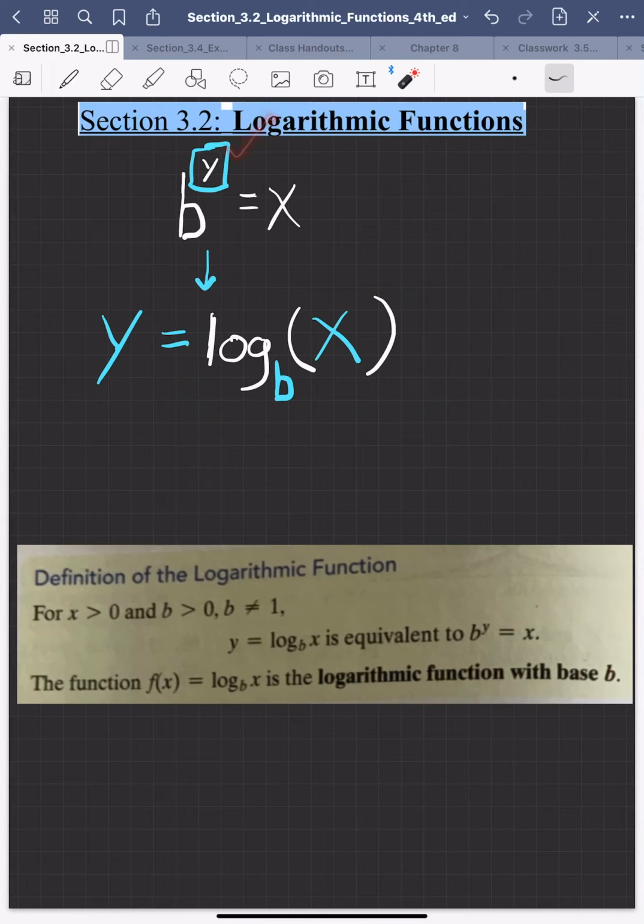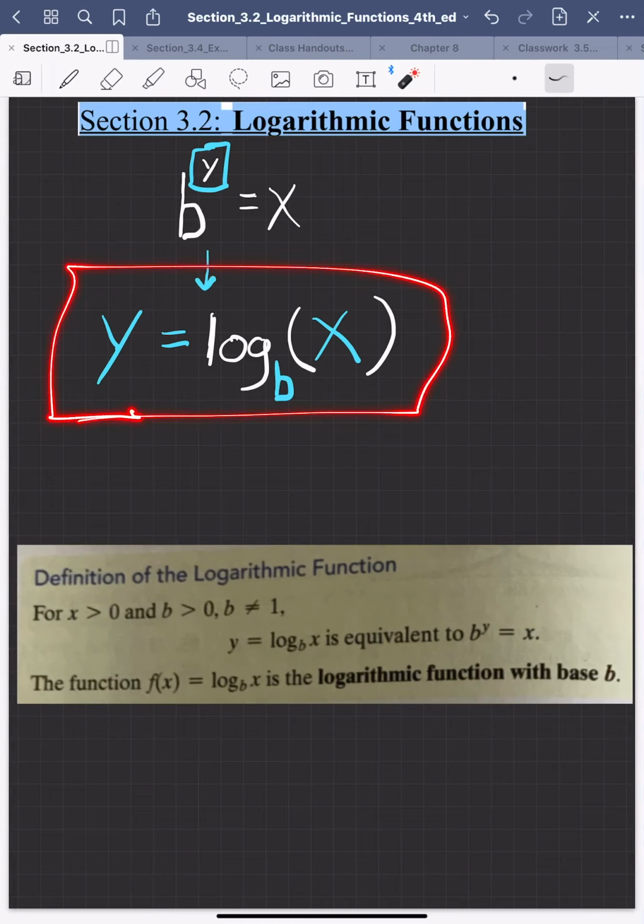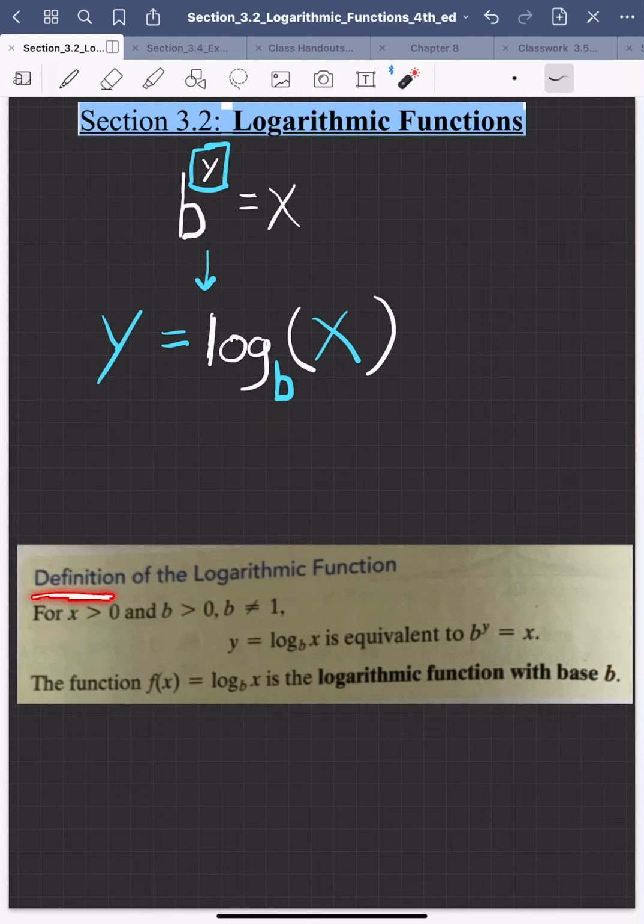Okay? So let's talk a little bit about logs. Definitionally, we have to assume that x is a positive number, or I should say greater than 0. And we have to assume that the base is greater than 0 and that the base cannot equal 1.